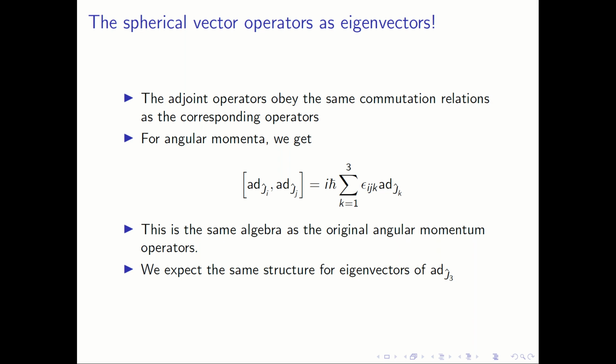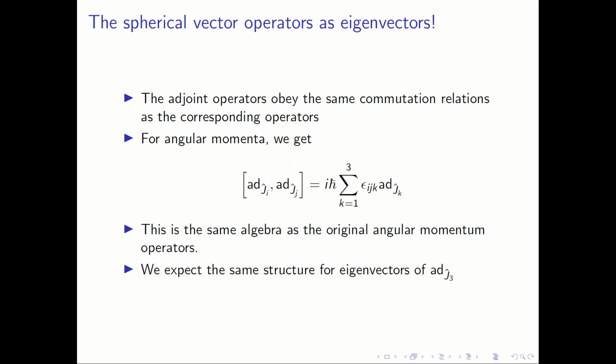After all, if you recall the angular momentum theory that you studied in the last semester, you worked out the eigenstates of J3 just by using commutation relations, right? So since ad J1, ad J2, ad J3 have the same commutation relations as J1, J2, J3, we expect the same kind of eigenvalue structure here as well.